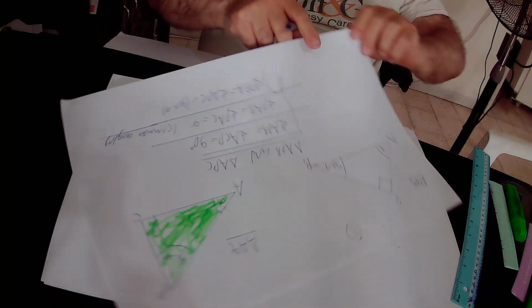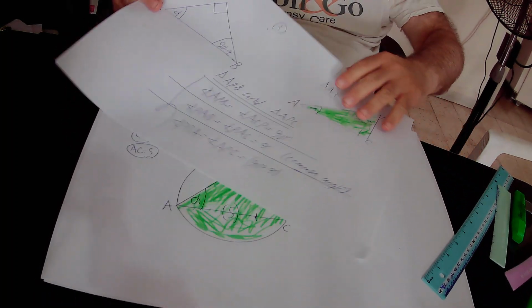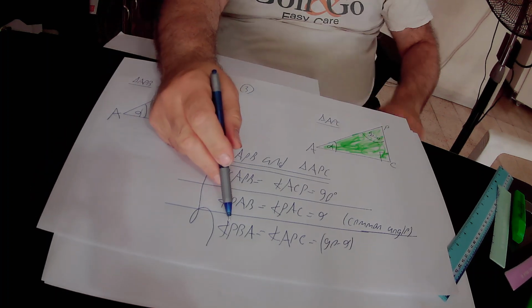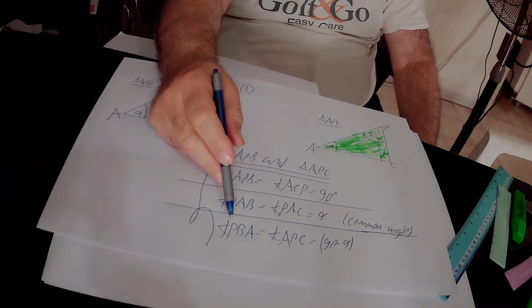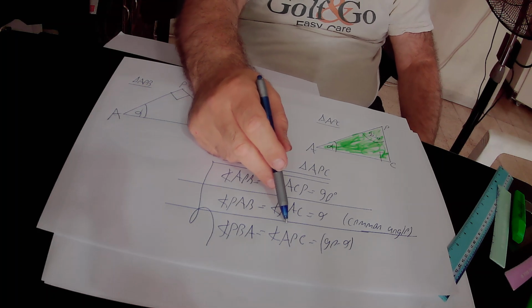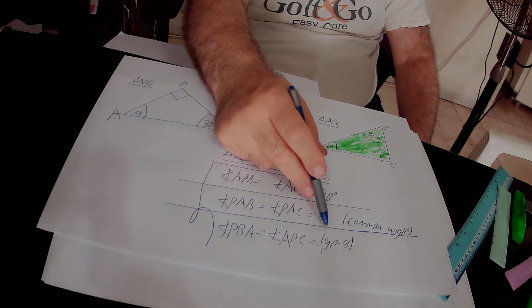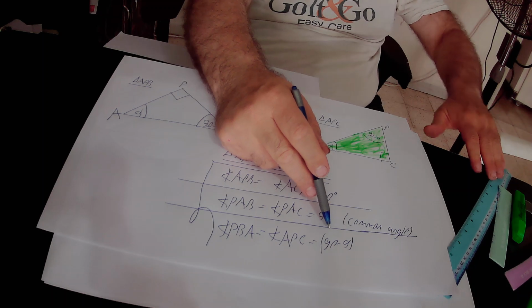Repeat again. Angle PBA in the right triangle equals angle APC in the green triangle. They are both equal to 90 degrees minus alpha, therefore they are equal to each other.